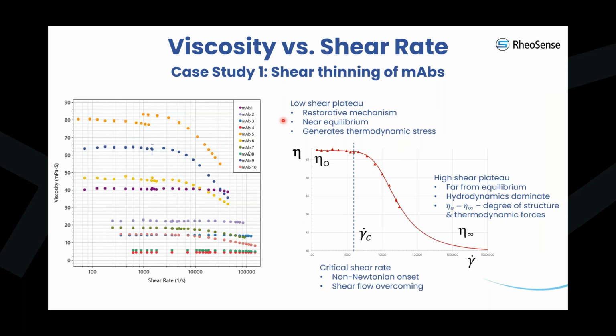For example, if the sample in real world conditions is going to experience high shear rates, we recommend our customers measure the samples at higher shear rates. So for sure, we can help guide you on the sample testing conditions.